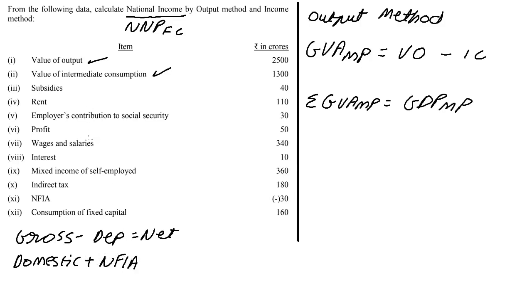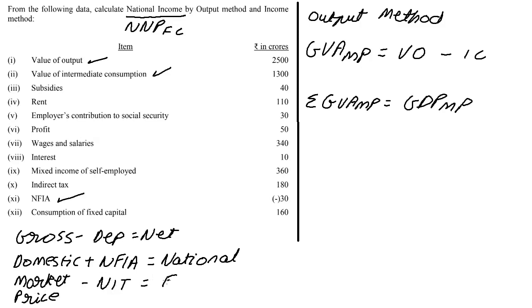Do you see it? Net factor income from abroad, is it given to us directly anywhere? Here we go. Net factor income from abroad gives us national. And if we have market price, then we can subtract net indirect taxes in order to get factor cost, or what we call FC.